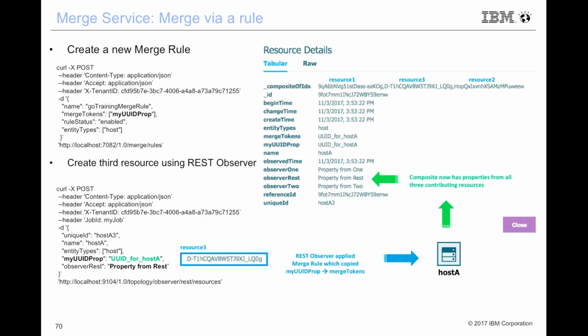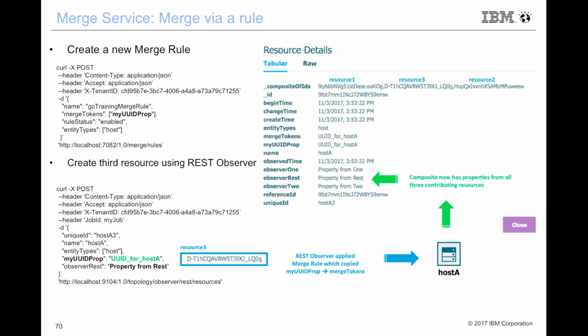So this is actually moving on from that previous slide. We've already made the assumption that resources 1 and 2 have been merged. Now we've created a merge rule, which is basically saying, I've made it quite a broad rule just for the sake of the example, but it's saying any host with my UUID property should get the value of that property promoted into a merge token. And then the post below on the left is basically posting a resource that matches that rule to the REST observer.